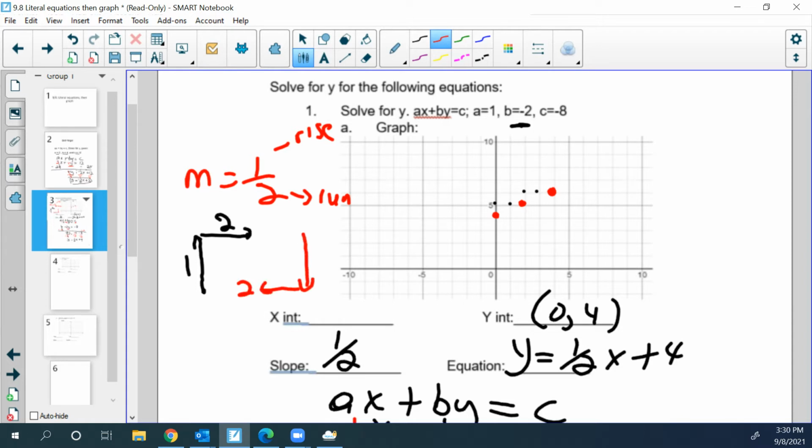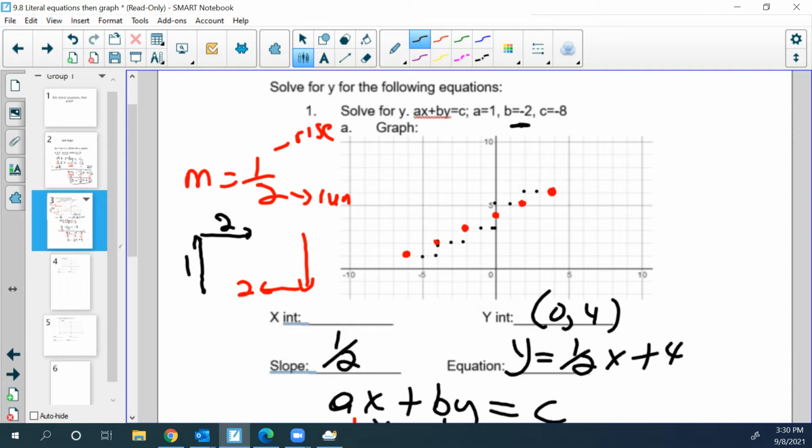All right, so if I do that, I'm going to get down 1 over 2.